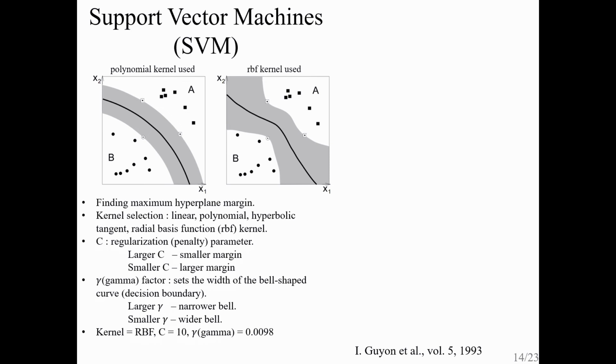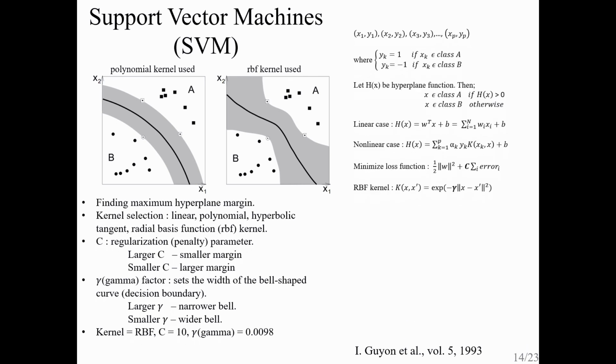Larger C means smaller margin and vice versa. And also the gamma factor sets the width of the bell-shaped curve, which means decision boundary in this case. Larger gamma means narrower bell and vice versa. So depending on the mathematical background of these hyperparameters, we can easily understand how to control these hyperparameters.